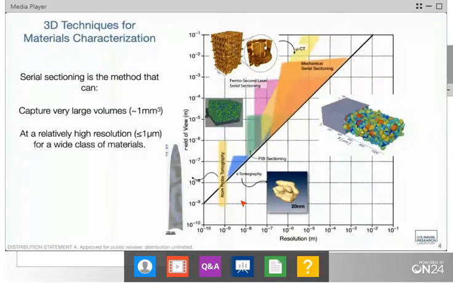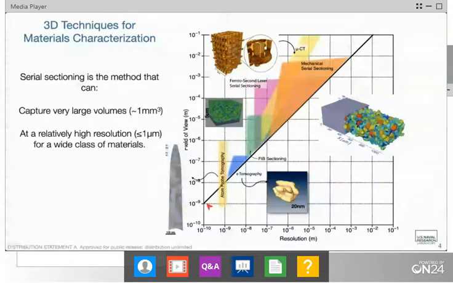So there are all sorts of different 3D techniques that one can use for the analysis of materials, and they really span a lot of length scales. At the very smallest length scale, we have atom probe, where you're looking at the actual position of individual atoms and how they're arranged. Very good for extracting nanoscale composition variations. If you want to look at nanoprecipitates, there's electron tomography down in the TEM.